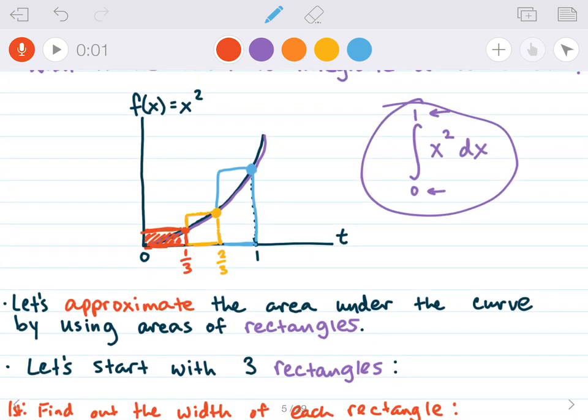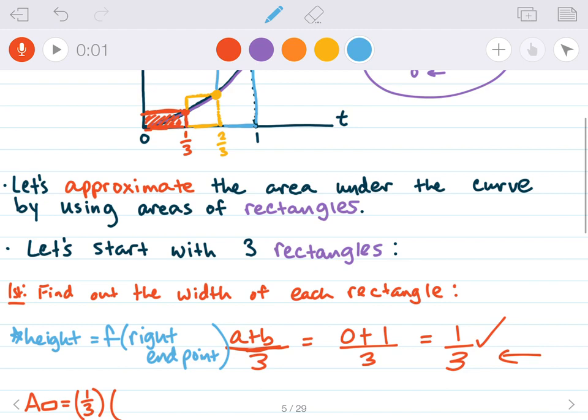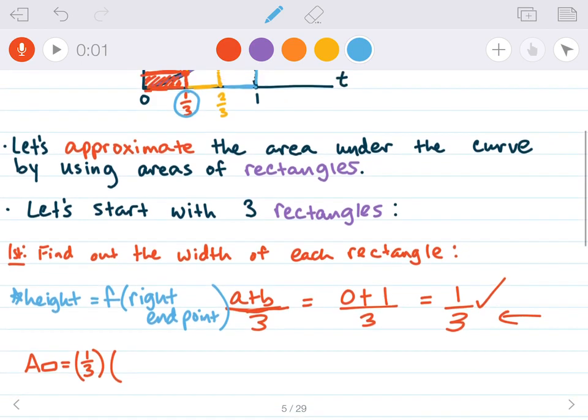Since this is a function, the height, and this is very important, is going to be f of whatever your right endpoint is in this case. We're basically plugging our x value into the function that we're trying to find the area under. So this is going to be f of a third. Maybe I'll keep this in red. That's going to give us the height.